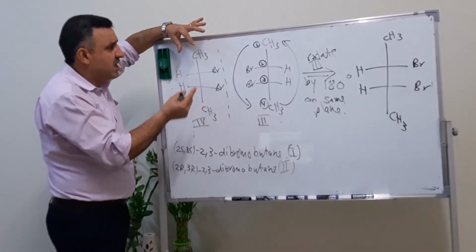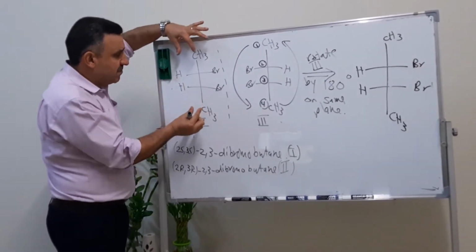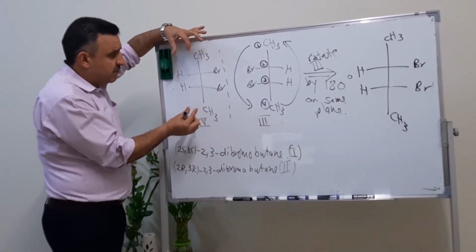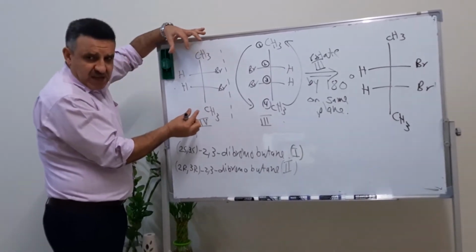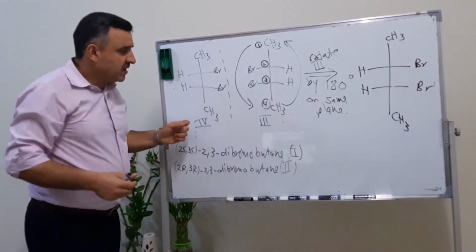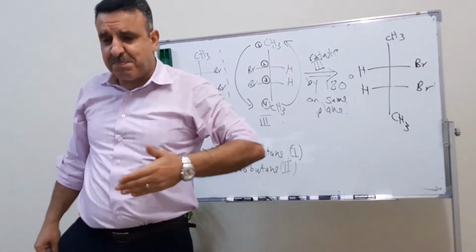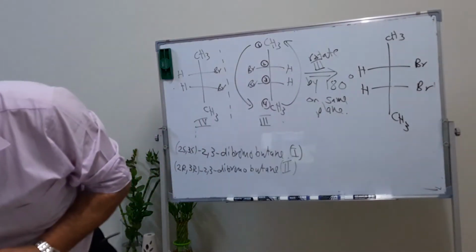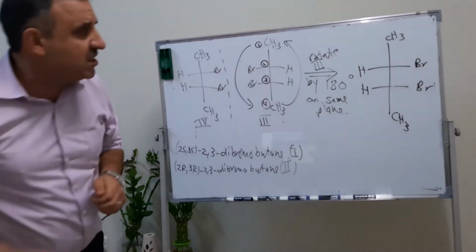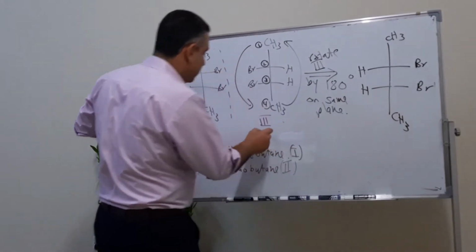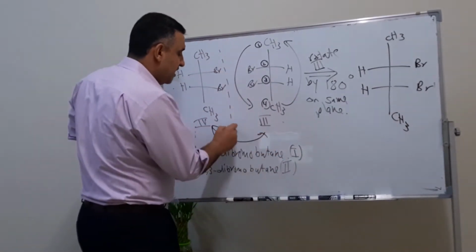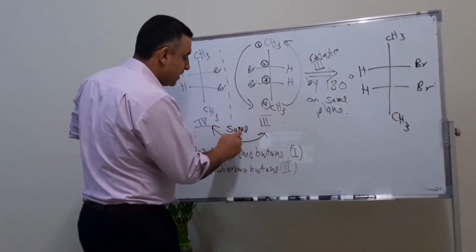In other words, the methyl will be over the methyls, the bromine over the bromine, the hydrogen over the hydrogen, which means structures 3 and 4 are mirror images, but they are superimposable on each other, and therefore structure number 3 and 4 are the same compound.